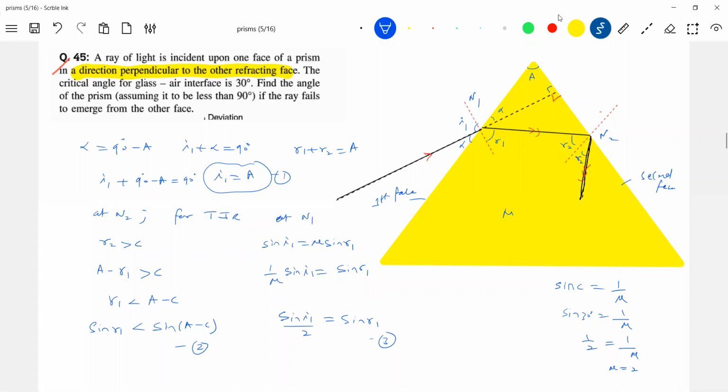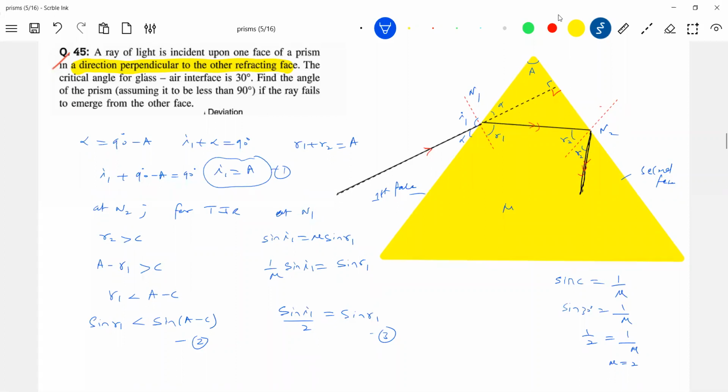So substituting, solving 1, 2, 3, this should be equal to sine of A by 2 should be less than sine of A minus C. Inverted value finally: cot A less than root 3 minus 1. Cot A should be less than root 3 minus 1. Okay, this will be our answer.